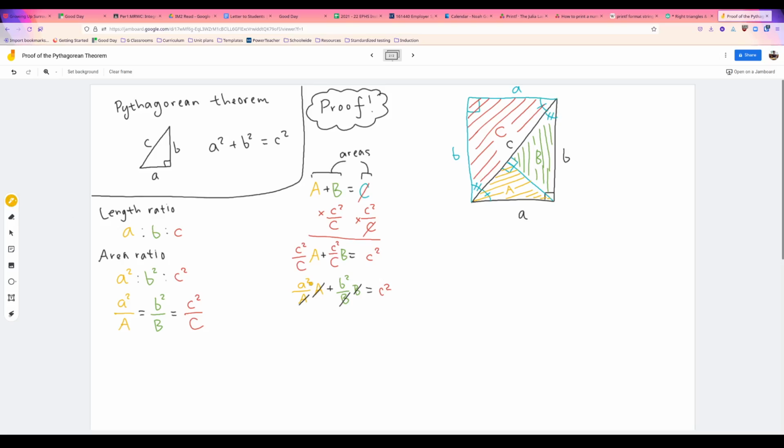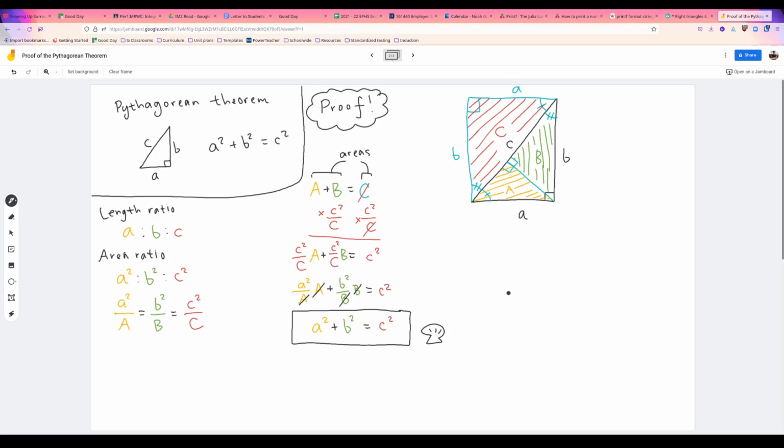And so we're left with just a squared plus b squared is equal to c squared. QED, mic drop, draw your favorite proof symbol at the end. This completes the proof.